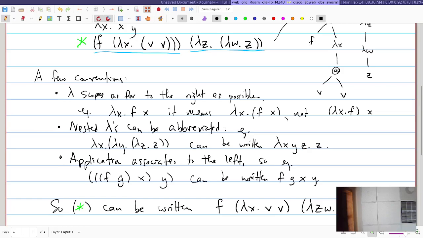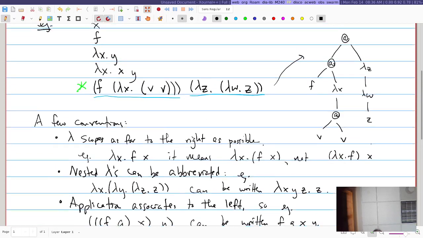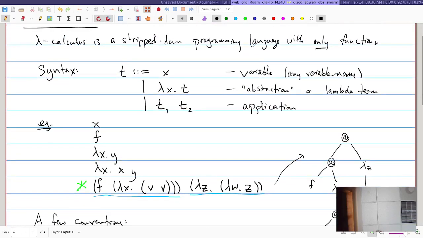Okay, so how does this correspond to a programming language? So far we know the syntax, so we know how to write programs in this language, but how do they actually run? That's the next thing we need to talk about. Intuitively, this means a function that takes an argument x and returns t. And this means applying a function to an argument.